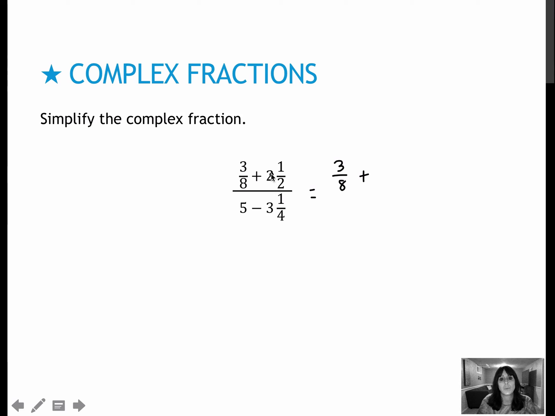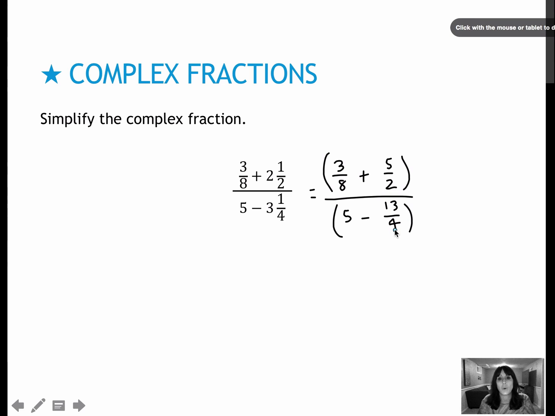So I'm going to rewrite 2.5 as 5/2, and I'm going to write 3 1/4 as 13/4. And now I'm going to decide what my least common denominator is. So if I look at 8 and 2 and 4, 8 would be the number that all of those values go into. So I'm going to take everything times 8, or 8 over 1.